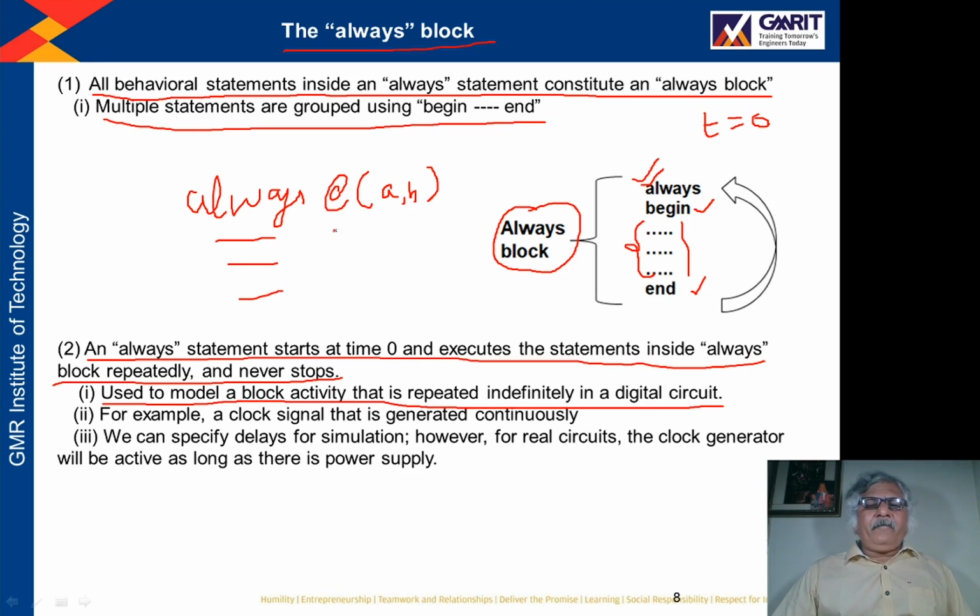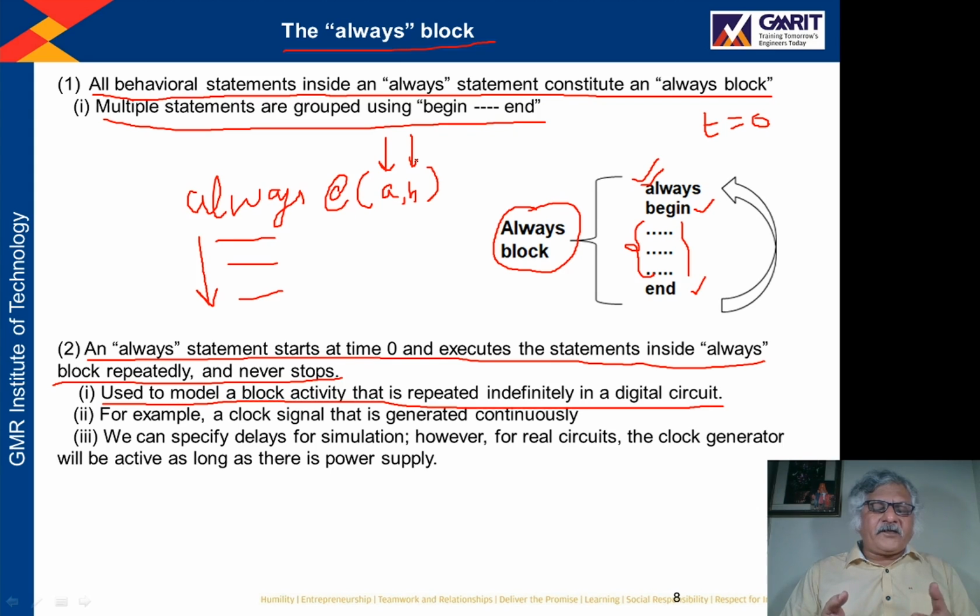So what will happen? These statements are executed in a sequence. Always remember, all the statements inside the always block are sequential statements. Once the statements are executed, the always block will be suspended and it will wait for an event to occur on A or B. Event means any change in the value of A or B.